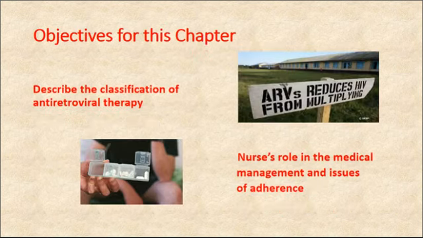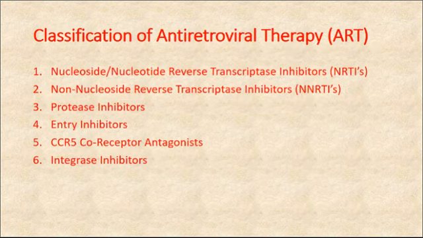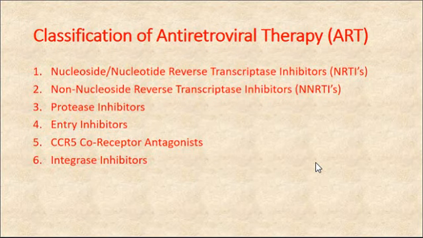The only objectives, if you look on your objectives for this unit, that relate to this chapter are simply to describe the classification of antiviral therapy and also the nurse's role in medical management and issues of adherence. So I have broken this chapter down, and these are the 6 classifications, because one of your objectives is understanding the classification of antiretroviral therapy, or ART.